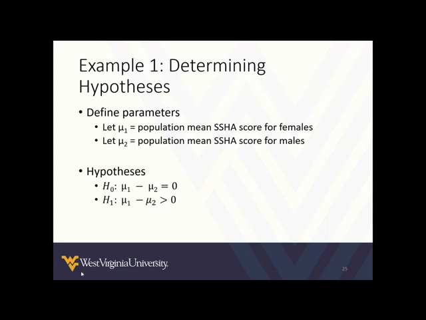So this is going to tell us that our hypothesis, based on our previous slide, is going to be mu1 minus mu2 equals 0 for the null hypothesis, and the alternative hypothesis will be mu1 minus mu2 greater than 0.